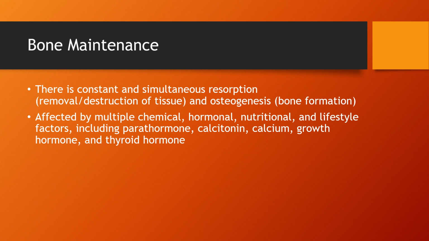As a result, complete skeletal turnover occurs every 10 years. This process of bone maintenance is affected by multiple factors that are chemical, hormonal, nutritional, and lifestyle in nature, and we'll talk more about those in a future slide.